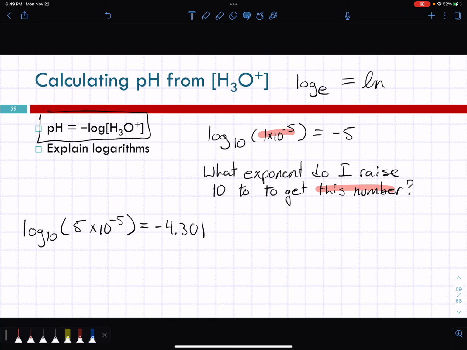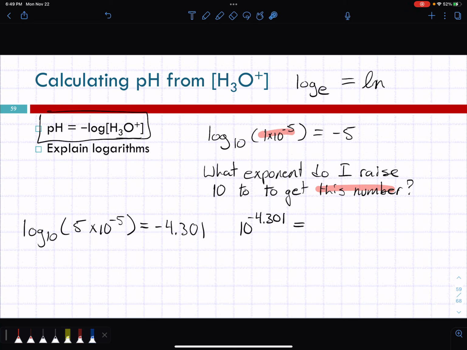If you wanted to go back to your concentration, you reverse this equation. You say, well, if I raise 10, so we take 10, oops, that's the wrong one, 10 raised to the negative 4.301 will give me this number that I had over here. So I do that for negative 4.301.